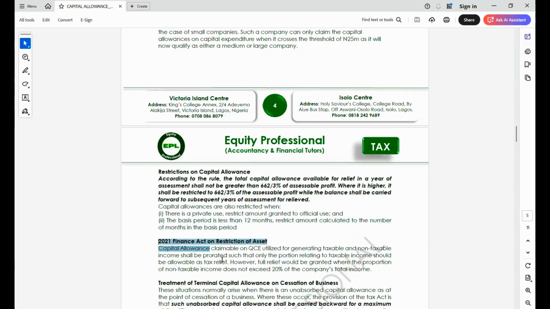Then we also have what the Finance Act 2021 brought, which is restriction of assets. What do we mean by this? As far as income is concerned, we have two categories of income: taxable income and non-taxable income.